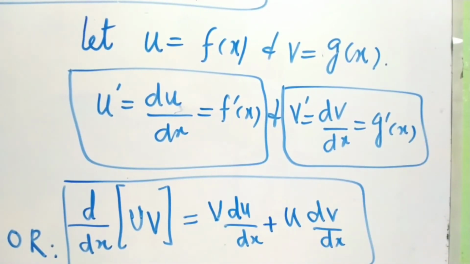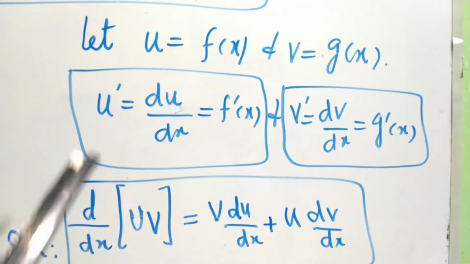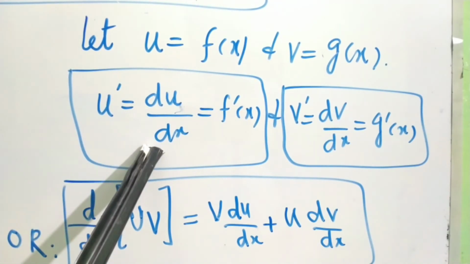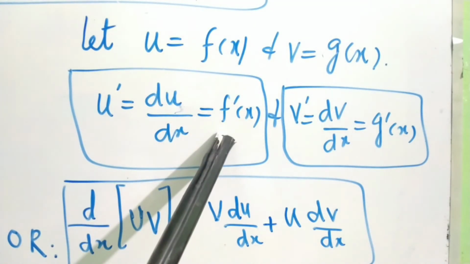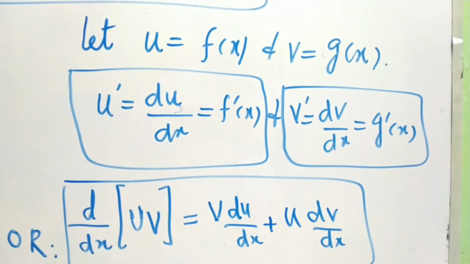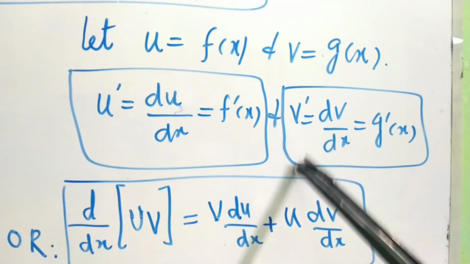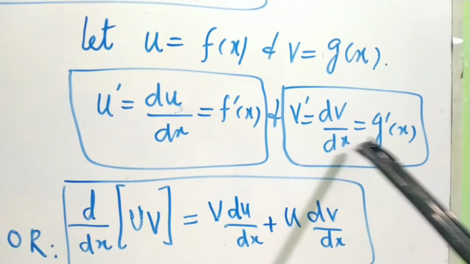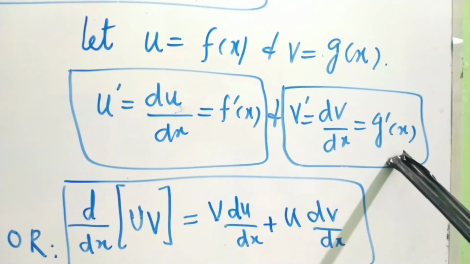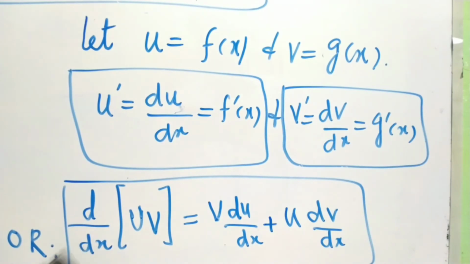Also let u equal f(x) and v equal g(x). Then u' means the derivative of u with respect to x, or f'(x), and v' is the derivative of v with respect to x, or g'(x). So we can write it in another form: the derivative of u into v is equal to v times the derivative of u with respect to x plus u times the derivative of v with respect to x.